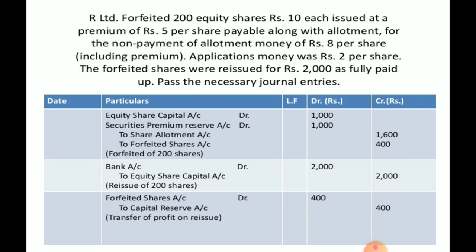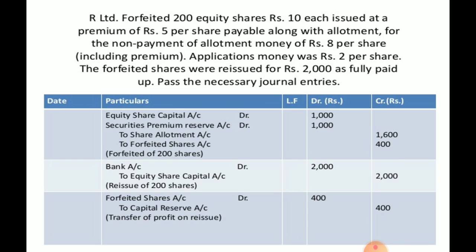So, equity share application to security premium reserve, to share allotment, to forfeited share. So, 200 into how much money? How much money should we enter here? 1000, and security premium, that is 5 into 200, 1000.